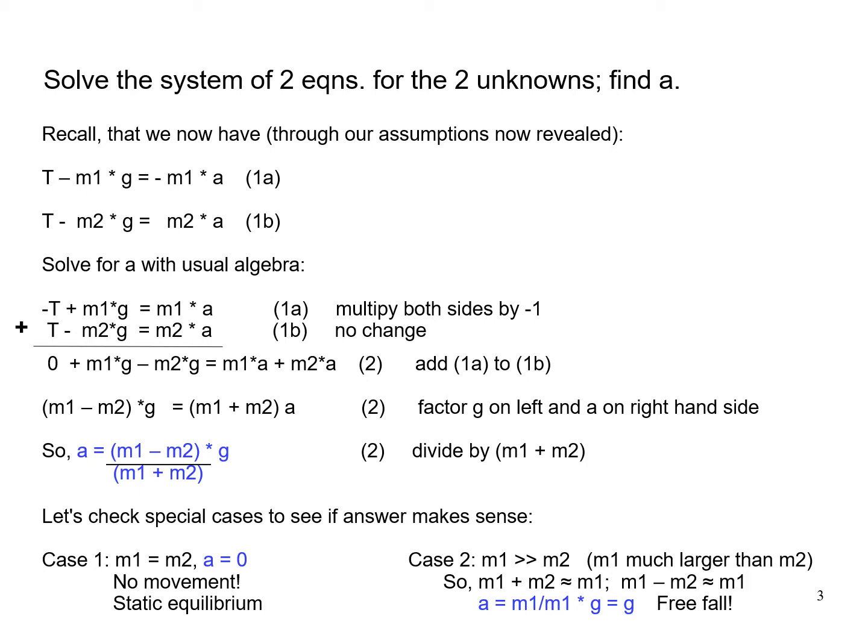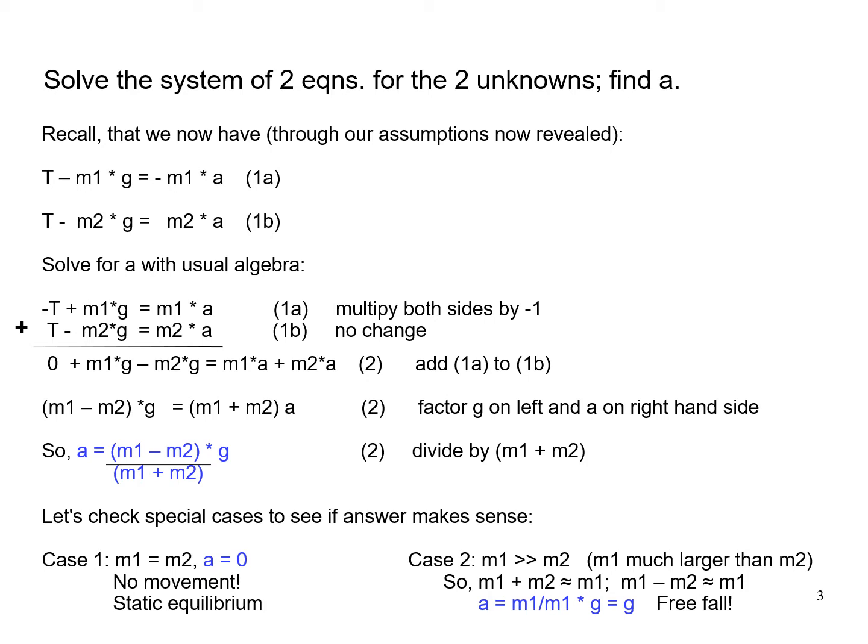Now, after doing this, we find that the acceleration of the masses is the ratio of the difference of the masses divided by the sum of the masses, all times g, which is the acceleration due to gravity near the Earth's surface.